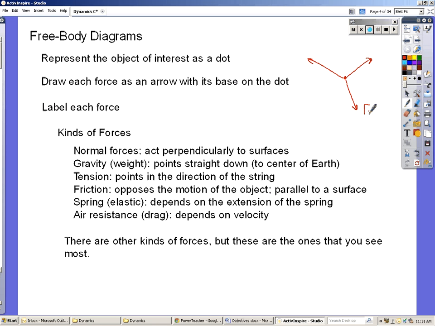I don't know exactly what it is, but you've got three forces, and you've got to label them with the kind of force they are too. For this example, it's difficult to do that because I don't know what it is. But you've got normal, gravity, tension, friction, a spring, air resistance, and so on. When we get to the second semester, we'll have electric and magnetic forces as well.